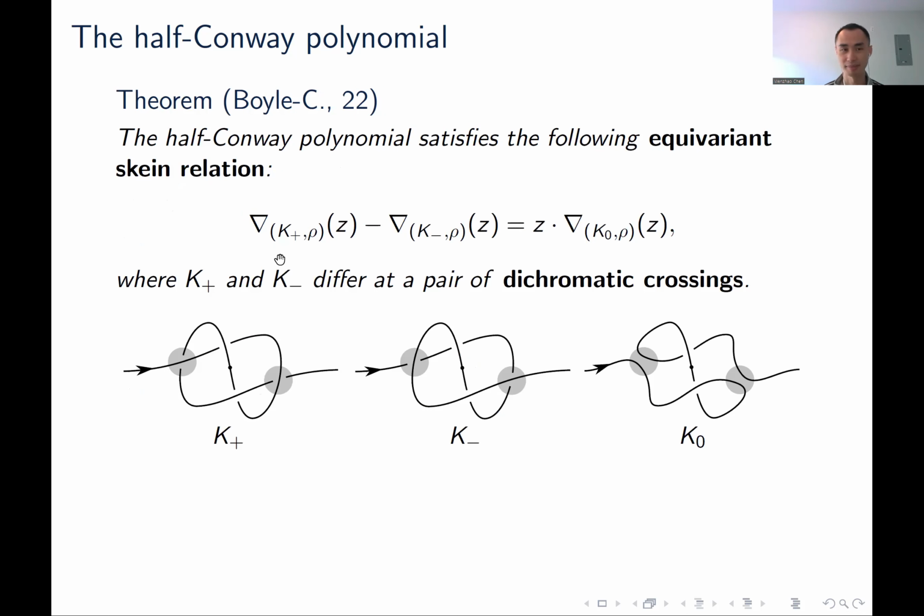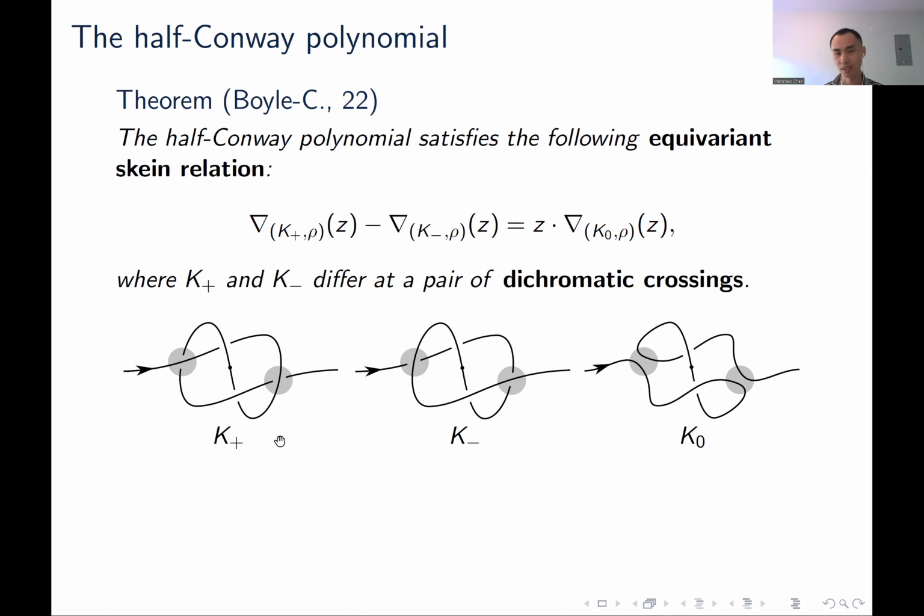And indeed, the half-Conway polynomial satisfies an equivariant version of the skein relation. So let me tell you what it says. Suppose you have 3 knots, K plus, K minus, and K0, such that K plus and K minus differ at a pair of dichromatic crossings, where the dichromatic crossing pair in K plus is positive and in K minus is negative, and K0 is obtained by doing resolutions at the pair of crossings.